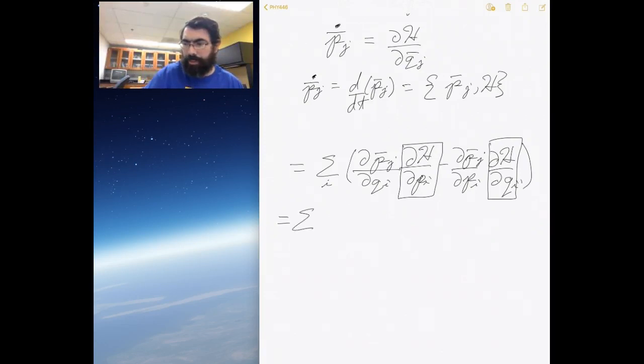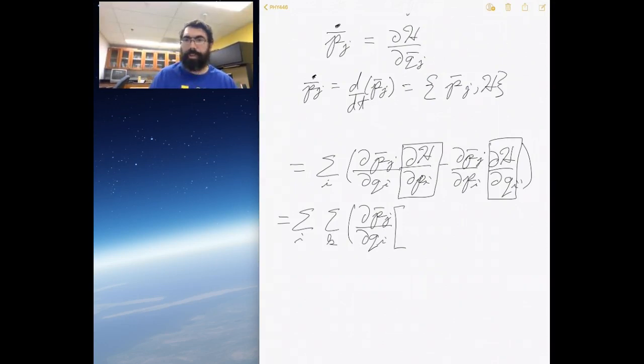If I do that substitution, I'm going to sum over i, and then sum over the index k, and I get the derivative of the barred momentum with respect to the unbarred position.